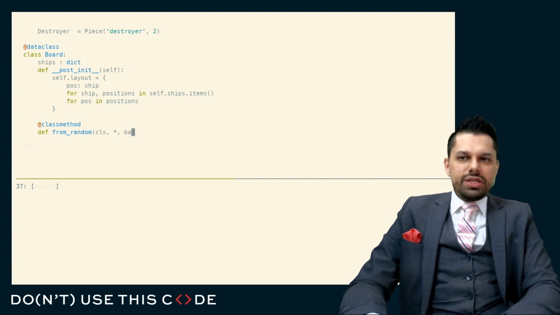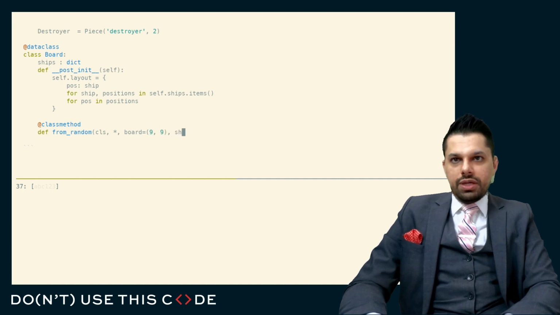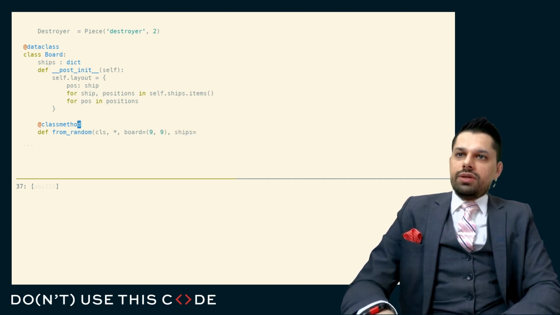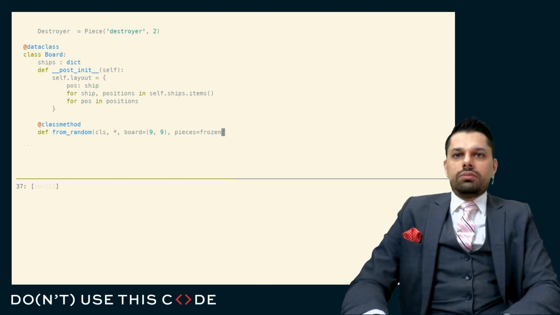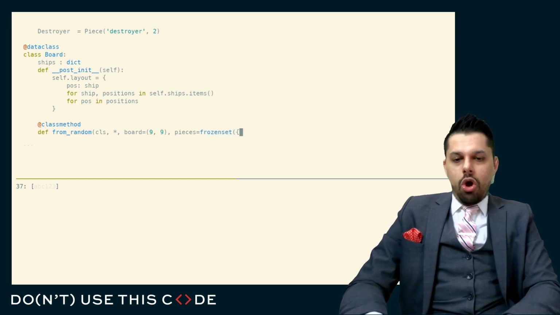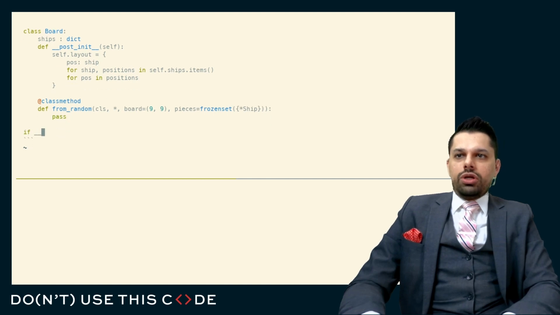It's going to take a couple parameters that it's not going to use for now, but that'll allow us to illustrate areas in the API where we need to perhaps complete this effort. So here, that's ships, and the ships, all the ships that you're going to place, or the pieces that you're going to place, should just be determined from all the ships that you can possibly place. So there we go. And here we'll have a little bit of starter code just to make sure that we can get the rest of this working.